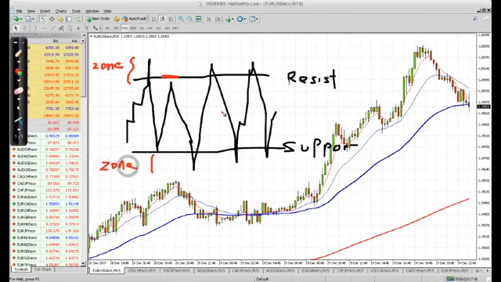Okay, so for example, if the price comes down here, right, and you buy here, and you think, hey, this is a support, it's going to go up, right? I'm really certain it's going to go up. Okay, sorry, let me do that again.